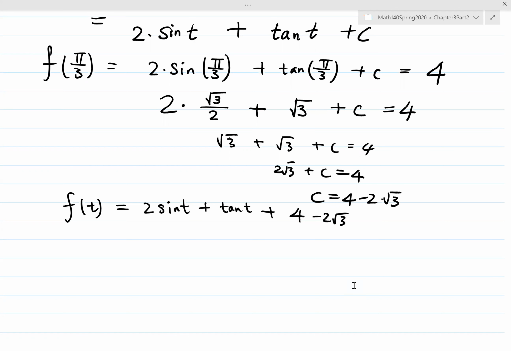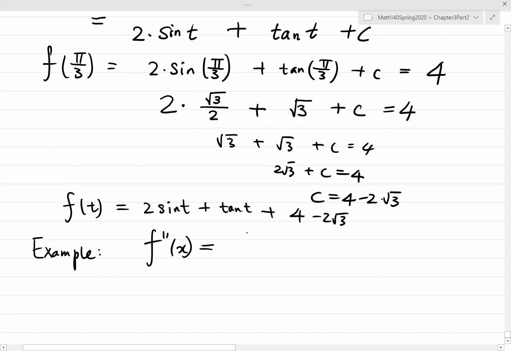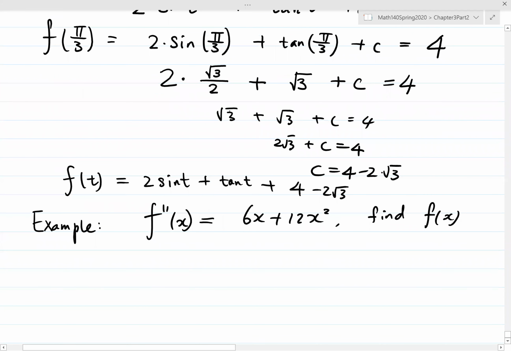For instance, example: if we know the second derivative, f double prime, is 6x plus 12x squared, find f of x. From the second derivative, we do antiderivative to get the first derivative, and then we do antiderivative again so that we recover the function f.